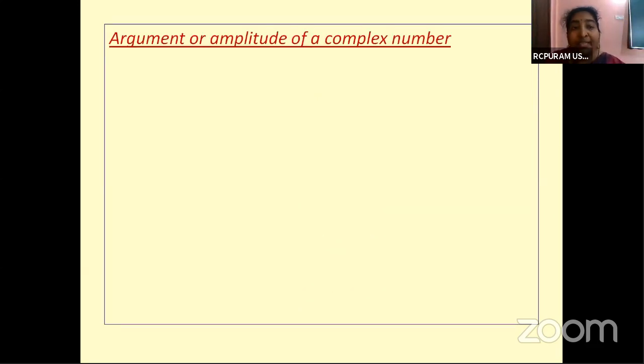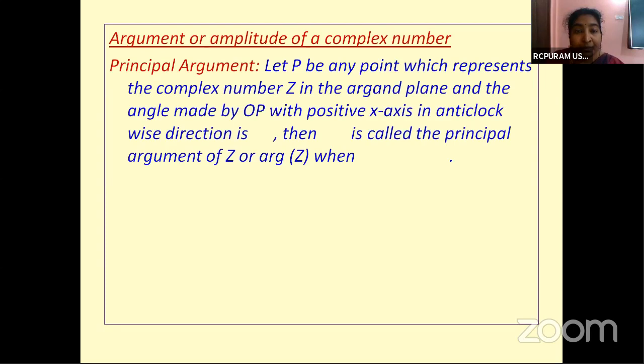Now we'll go with the argument or amplitude of a complex number. First, we will see what the principal argument is. Let P be any point which represents a complex number Z in the Argand plane. I was mentioning the Argand plane, children.